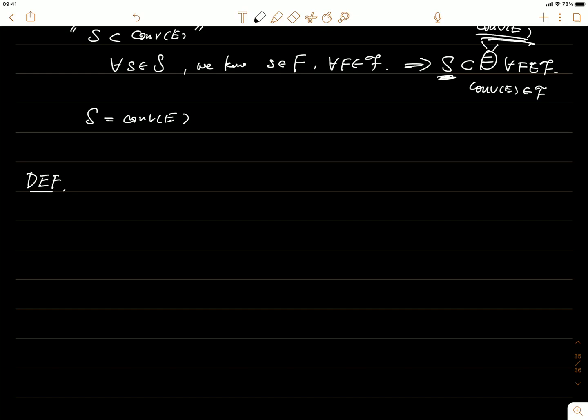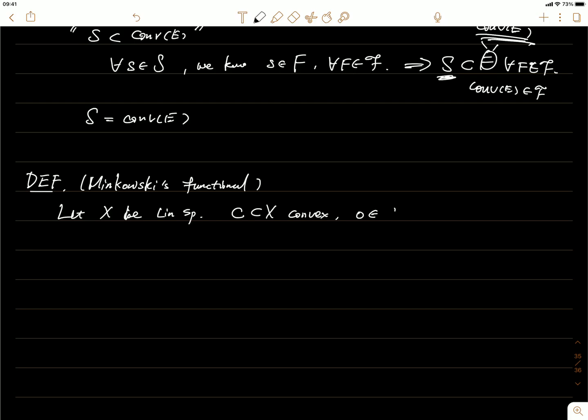Now, the reason why I define the convex hull is that we can introduce the so-called Minkowski functional. Suppose X is a linear space and C is a convex subset of X that contains 0.